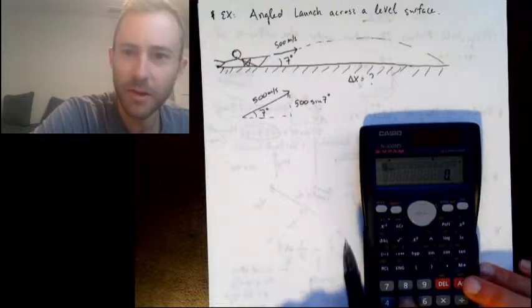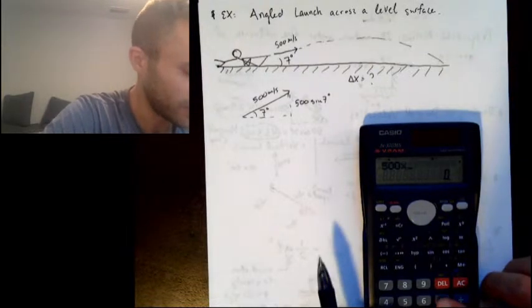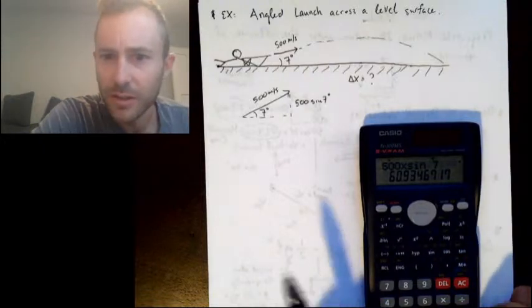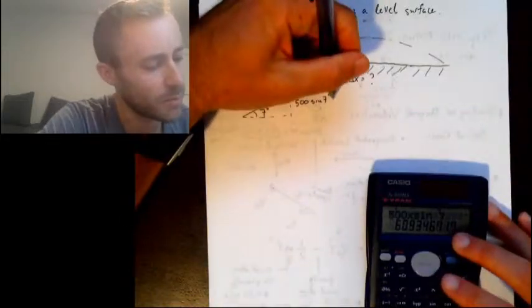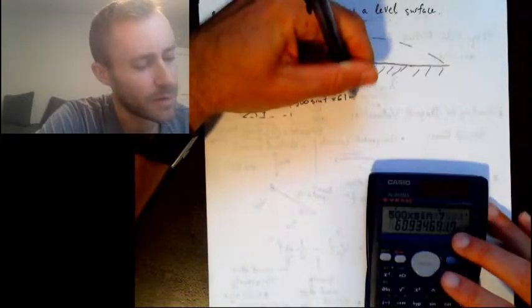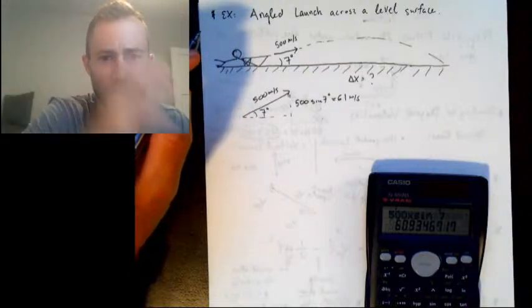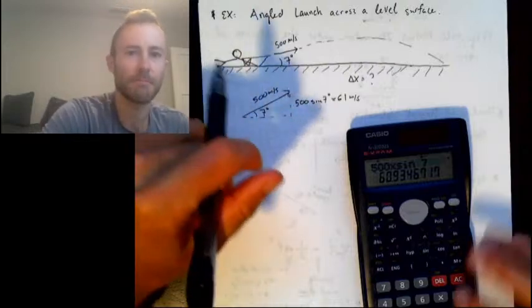So our initial vertical velocity is going to be 500 times sine of 7 degrees. So I go 500 times the sine of 7, and that gives 60.93, which I'm going to round to just 61 meters per second. Now, you have that 2% margin of error, so maybe you would write down 60.93 or something like that.